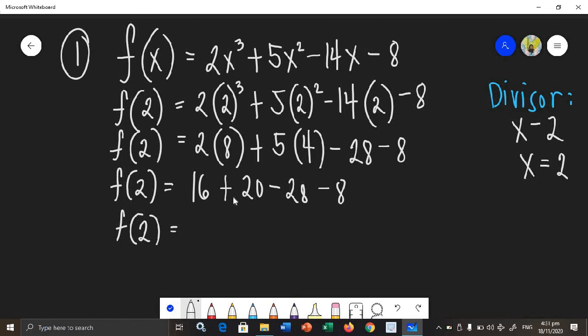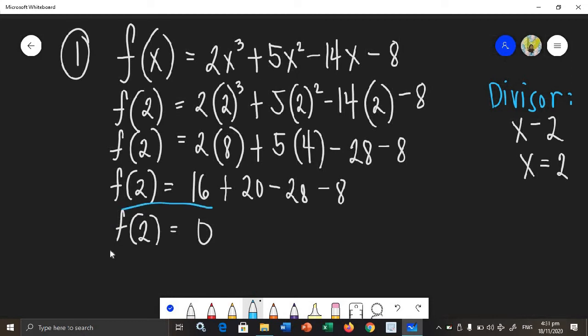So we have 16 plus 20, that is 36, minus 28, that is 8, and 8 minus 8, that is 0. So the answer that comes out at the end is 0.